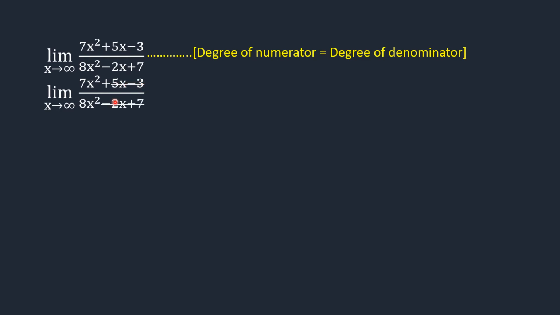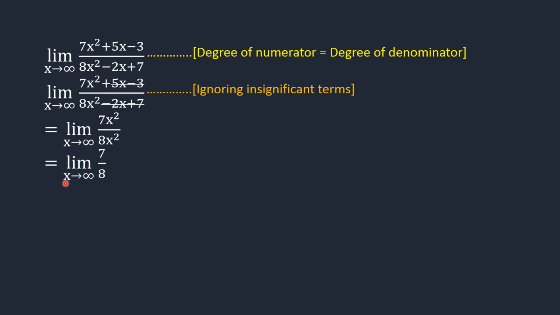See, we have ignored the insignificant terms, and after this, we will write limit 7x square divided by 8x square as x approaches infinity. After cancelling x square, what we get is limit 7 over 8 as x approaches infinity, which will be 7 over 8 itself.